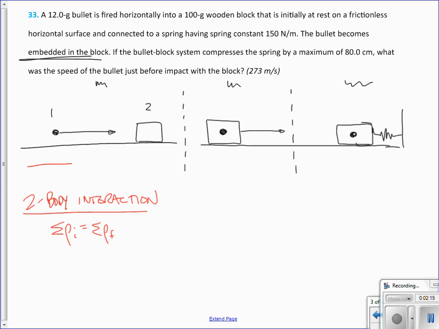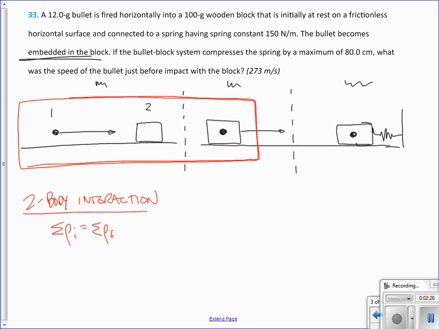So that's this part. Here's our initial, and here's our final. Now notice, that only captures 2 of the instants that we've talked about, because then we have this part.